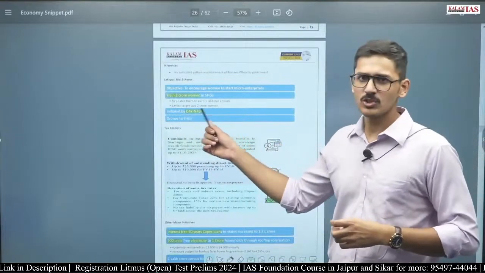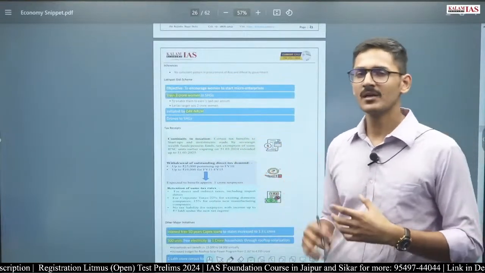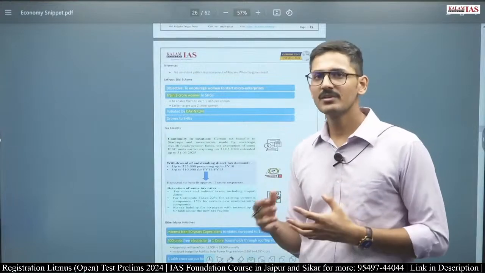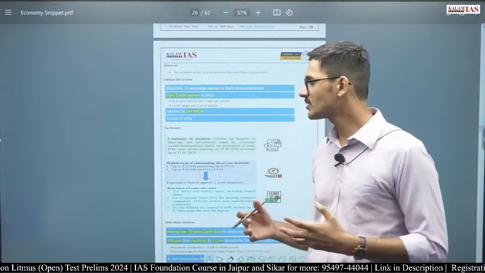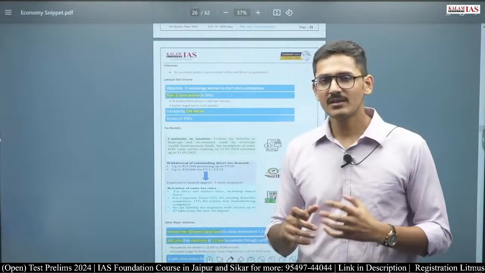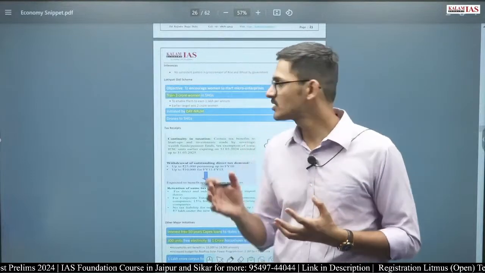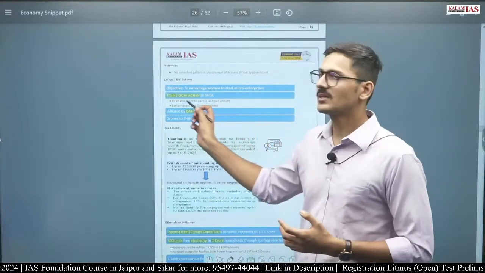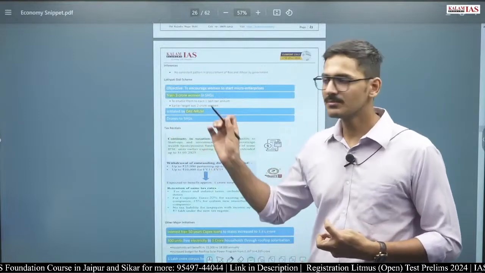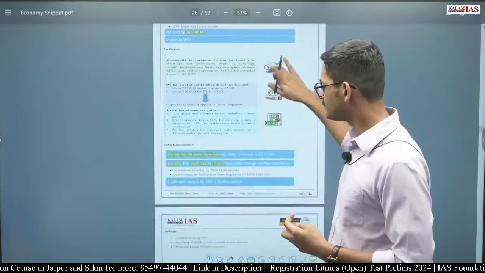Earlier the target was 2 crore women. They will be given training and policy support, which will enable them to earn 1 lakh rupees per year. But the target in this budget has been increased to 3 crore women.